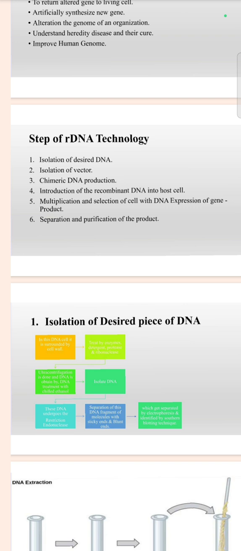Genetic engineering involves 5 main steps: preparation of the desired gene, isolation of the plasmid vector, insertion of the desired gene into the vector, introduction of rDNA into the host cell, and lastly identification of gene cloning.